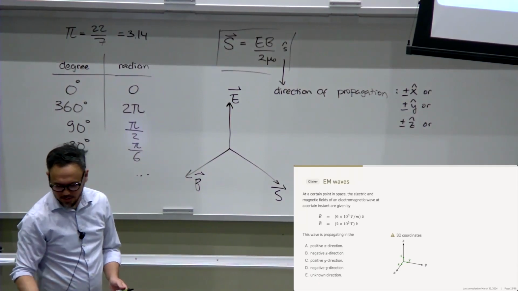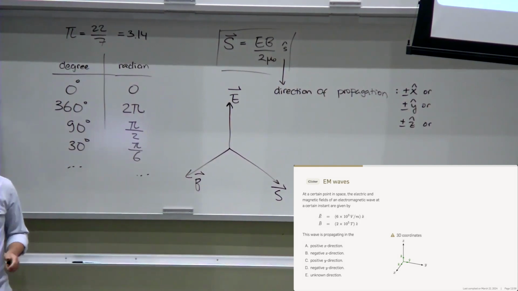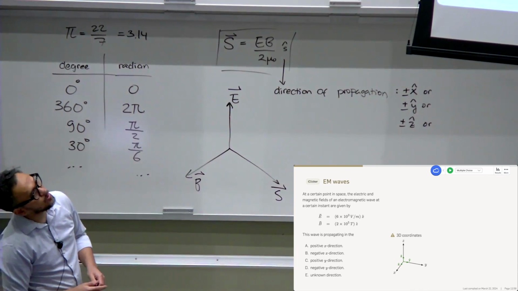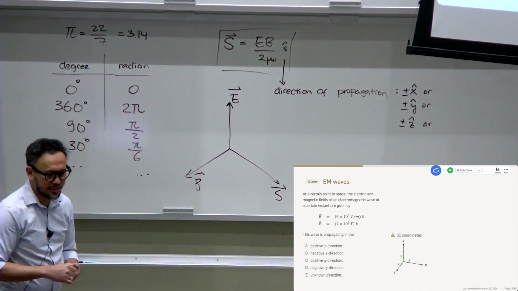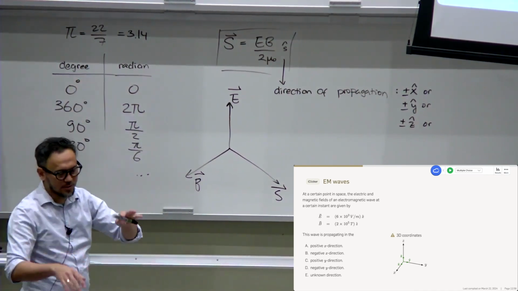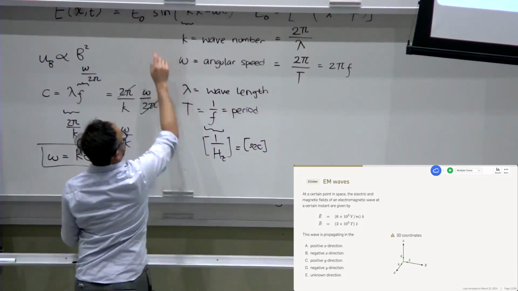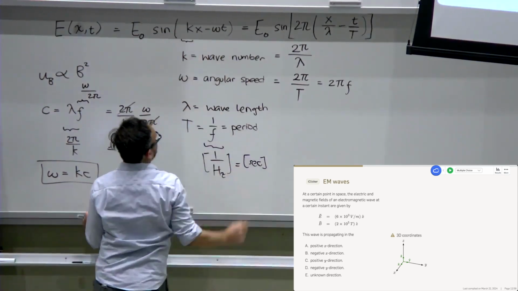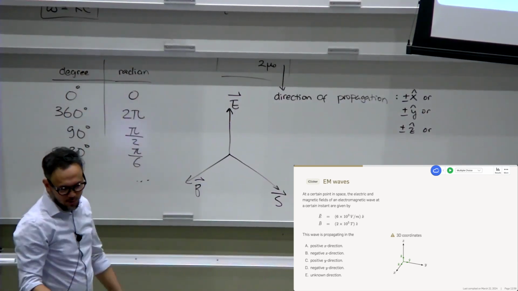So I have this iClicker question for you. It looks a little bit messy, but I will give you a hint. So let's show the iClicker. At a certain point in space, the reason why it doesn't have sine, period, and frequency like in this expression is because we fix a certain time and space. Certain point in space, there is no time there.